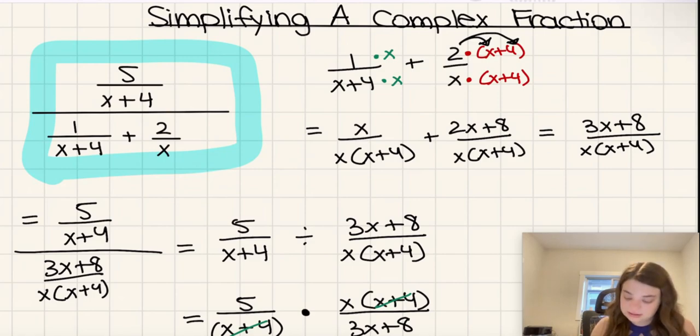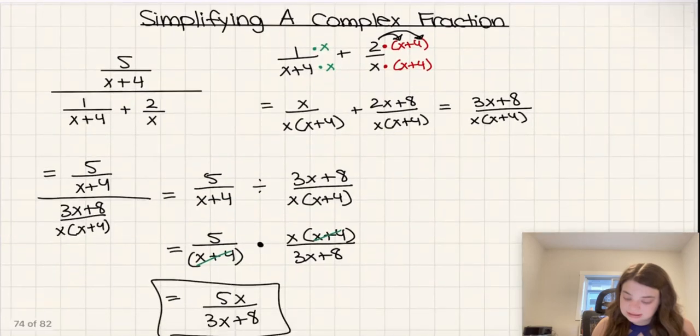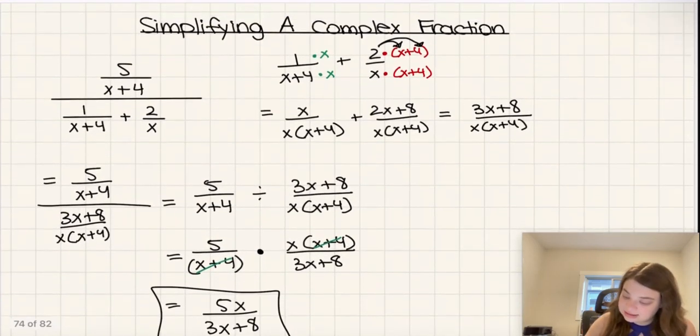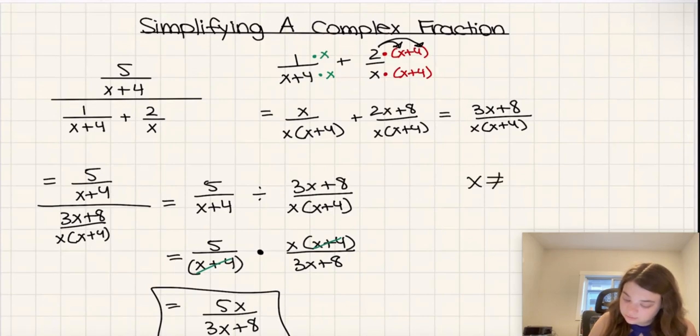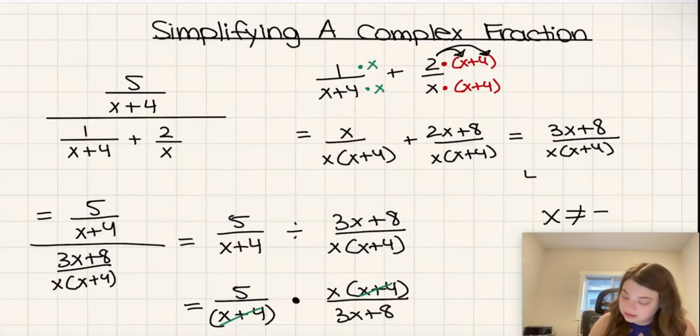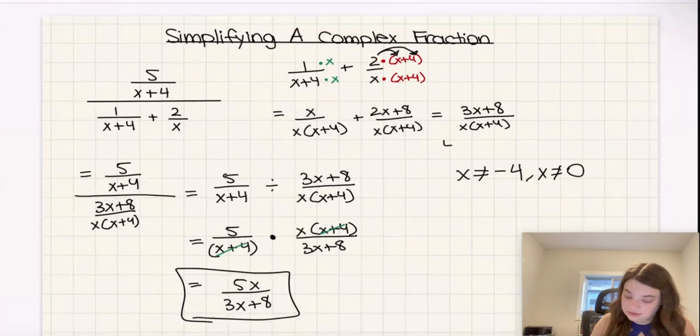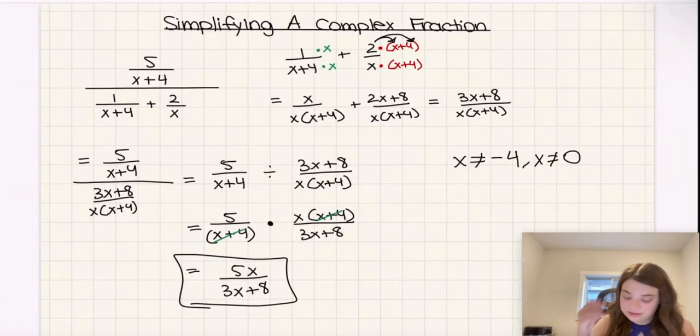So that tells us what? Well, that tells us that x cannot be equal to negative 4, and x cannot equal 0 either. Okay, so it can't equal either of those things.